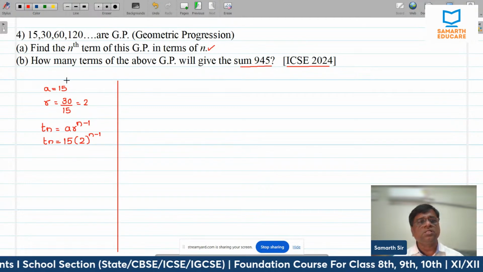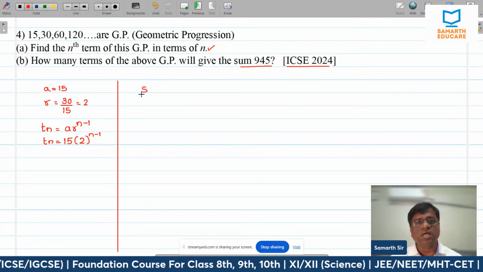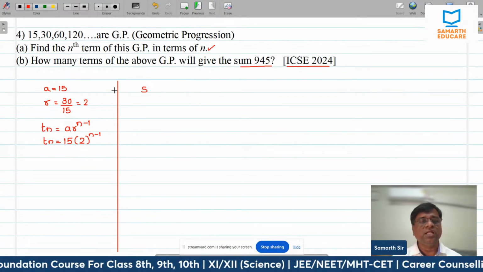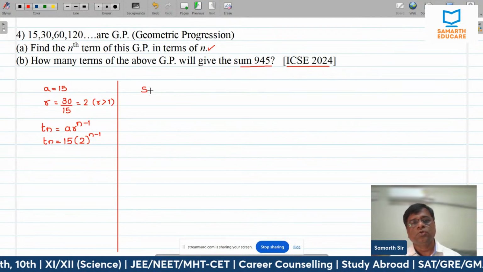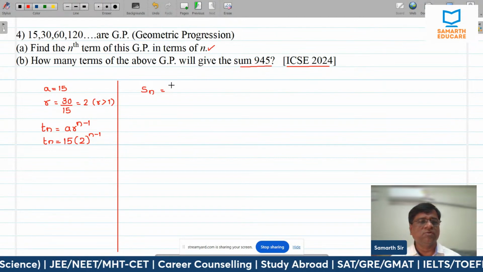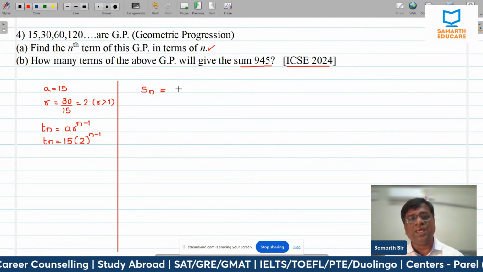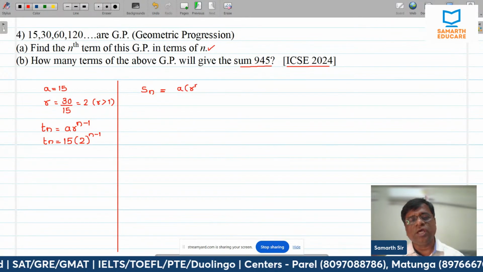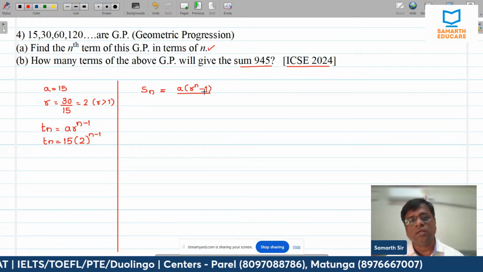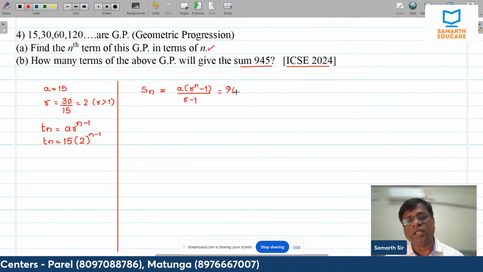It is how many terms give the sum as 945. So can you observe again, r is greater than 1 here. So Sn, we don't know what is the value of n, right? Sn is a r raised to n minus 1 divided by r minus 1, and that is equal to 945.